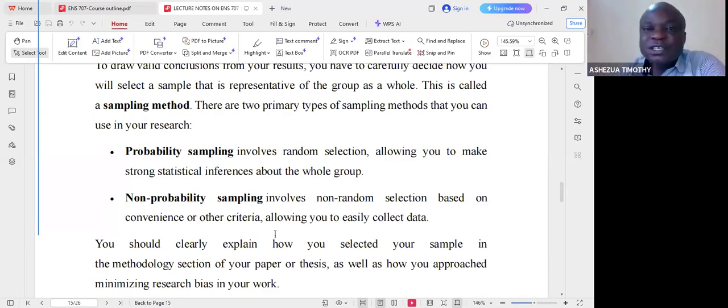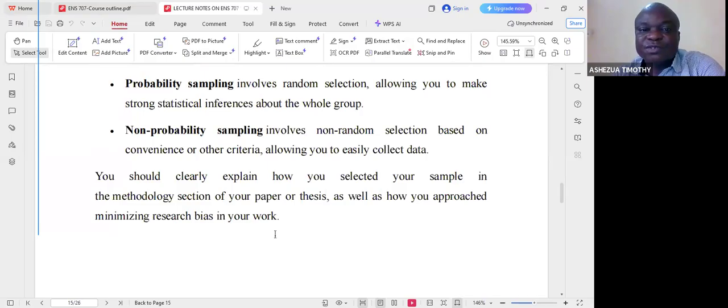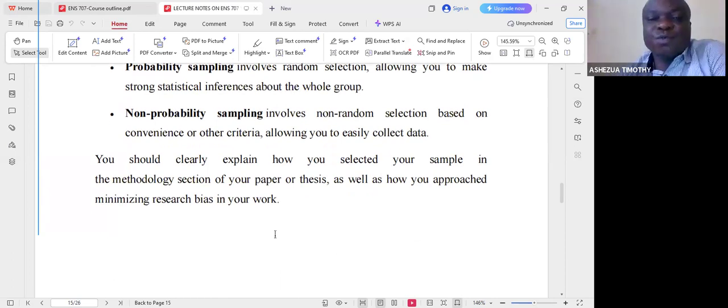So basically, under sampling methods, we have probability sampling and non-probability sampling. You should clearly explain how you collected your sample in the methodology section of your paper or thesis, as well as how you approached minimizing research bias in your work.